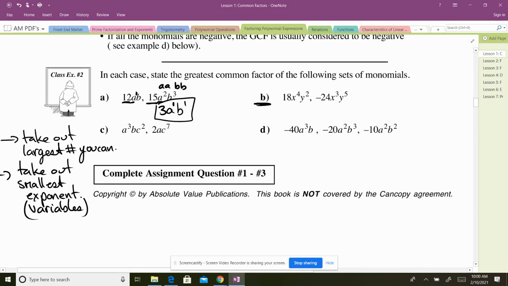All right, B, 18 and negative 24. Forget the negative, just look at the 18 and the 24. What's the largest number that goes into 18 and 24? 6, right? 6 goes into 18 3 times, 6 goes into 24 4 times. So 6.